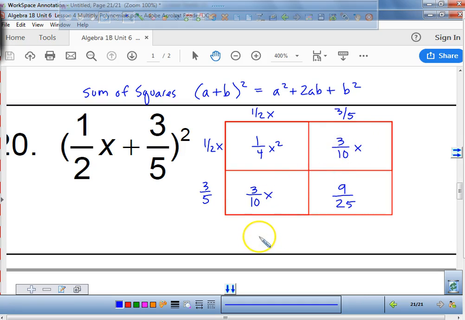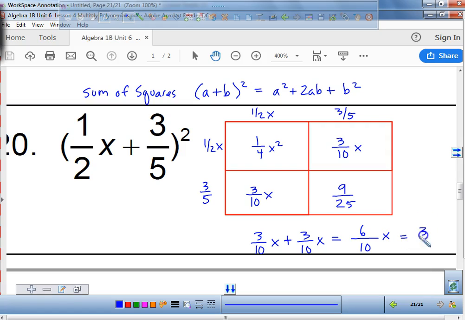And what is 3/10 plus 3/10? 6/10. Remember, when you're adding fractions, why are we allowed to add these fractions? Because the denominator is the same. And that becomes 6/10. But now, can I reduce that?